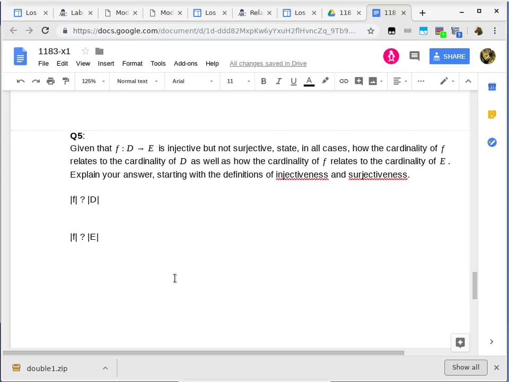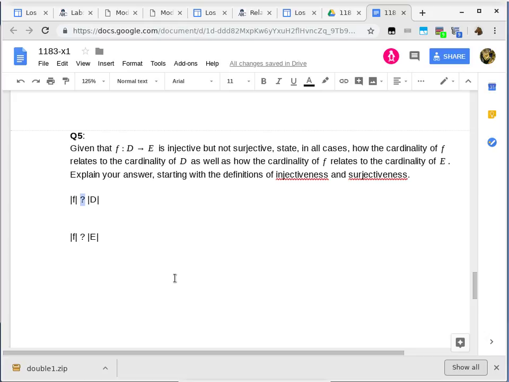Because it means that you know where to find it, and you know which one is which. That's all I want. But then you still have to answer this question: how does the cardinality of f relate to the cardinality of D? And you have to consider that it is injective but not surjective.